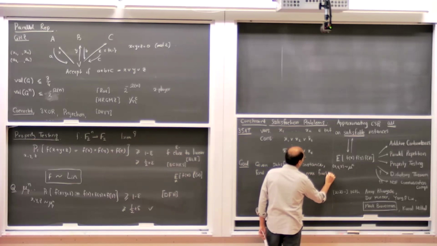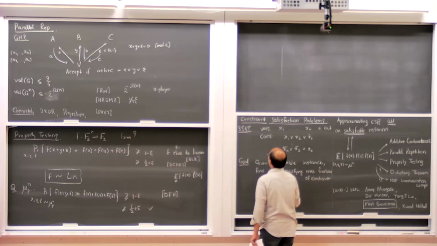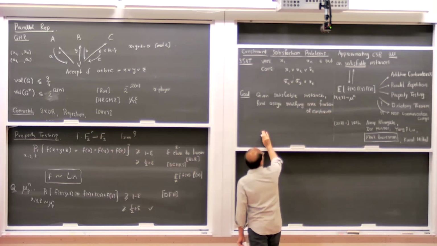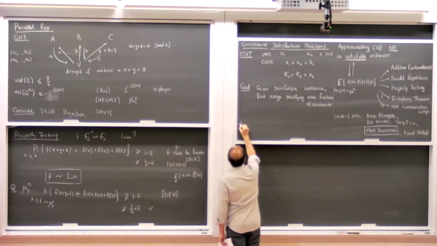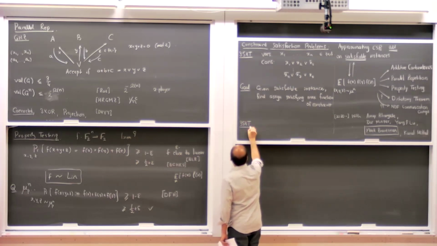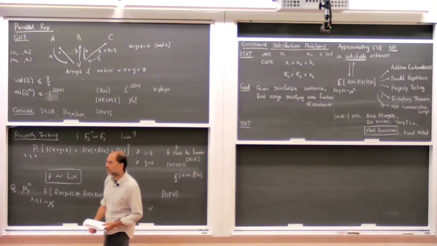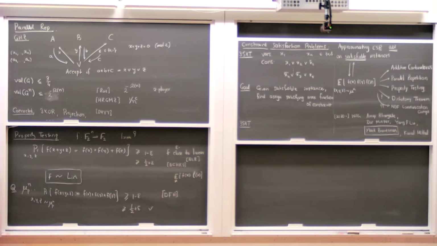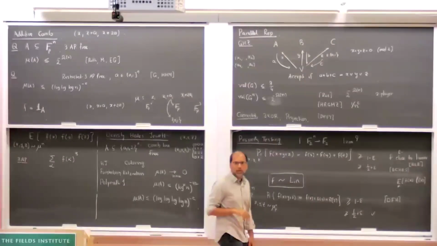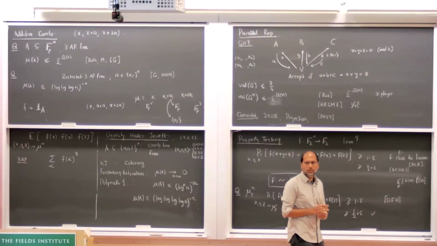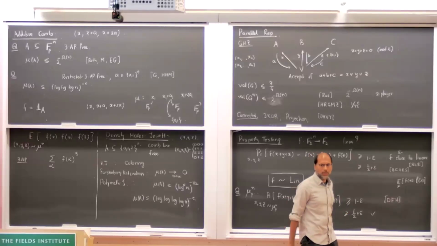Now, what's possible to do for 3-SAT is certainly you can simply take random true-false assignments to the variables. Right? And if you take a random assignment, how many constraints do you hope to satisfy? 7 over 8 fraction, right?